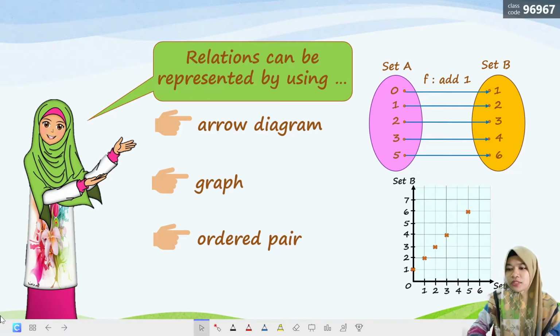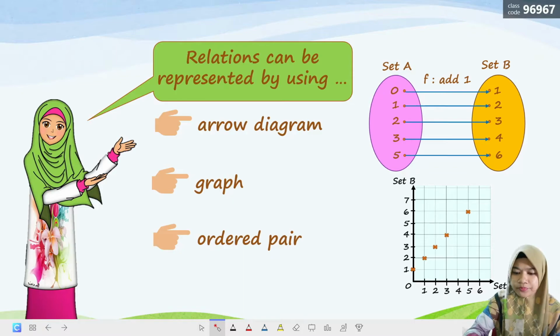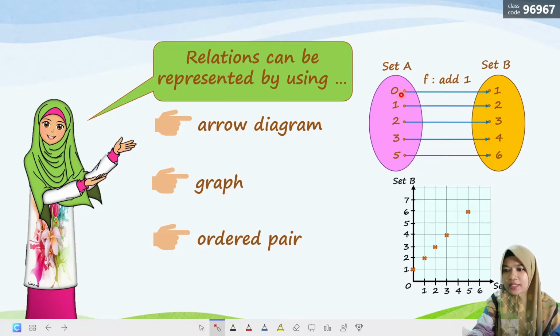This one is how you represent by using a graph. Cikgu will show you. Here, 0, 1. Set A 0, set B 1. The pair, their partner. So this one is the x-axis. The x-axis represents set A. The y-axis represents set B. Like when you learned coordinates, you want to know how you plot.